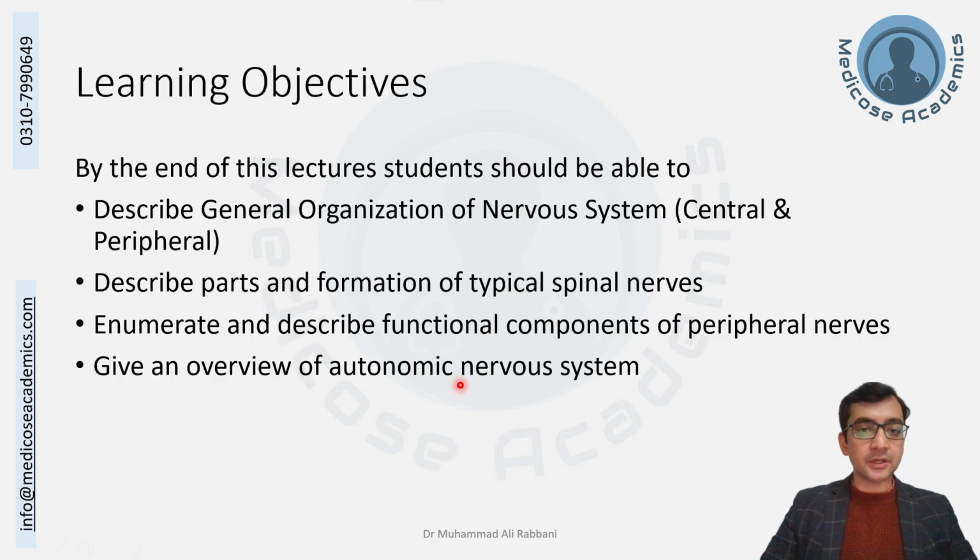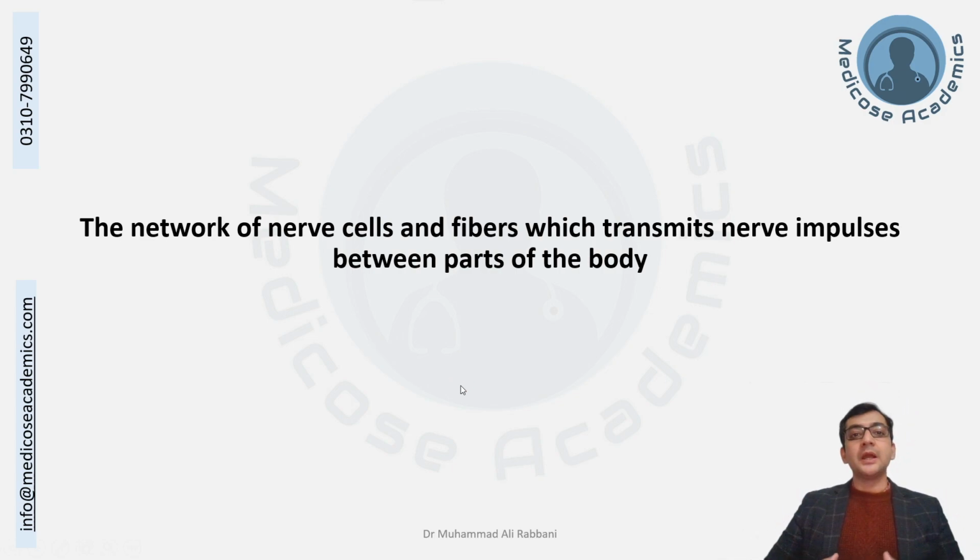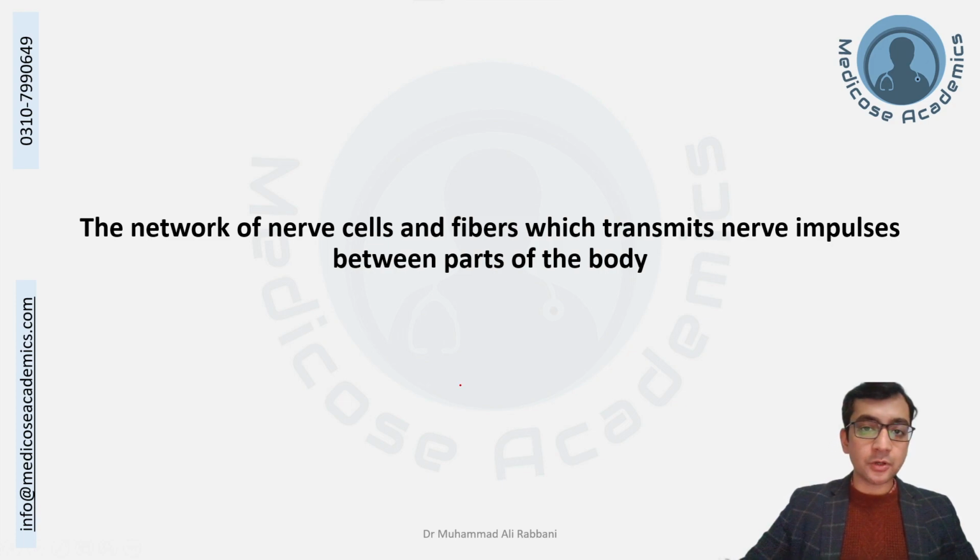Let us start with the first learning objective. Overall, the nervous system is the network of nerve fibers and cells which transmit impulses between different parts of the body. The fibers are basically the extensions of the cell. Here we are talking about nerve fibers, which are basically axons and dendrites of the cells.